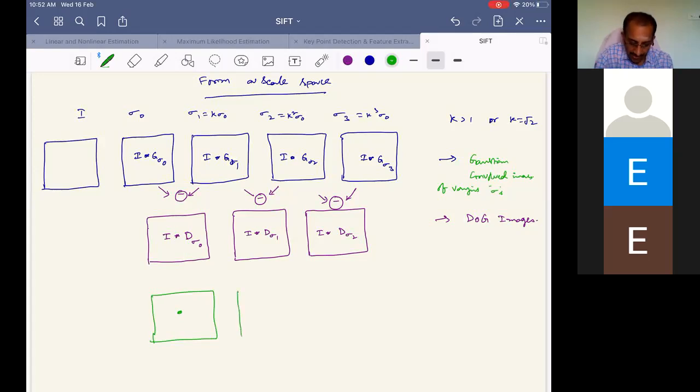So does the same key point exist even in this scale or not? Does the same key point exist even at this scale or not? There are some key points which may exist only at this scale, and may not exist here, and then may not exist here. So this key point, whichever is point 1, is stable across scales.